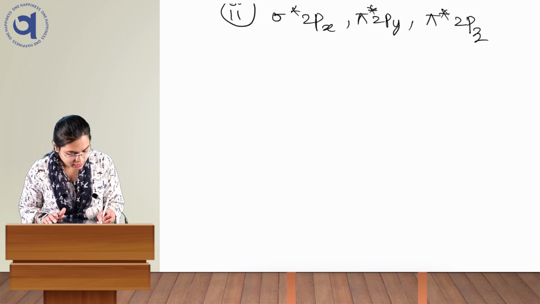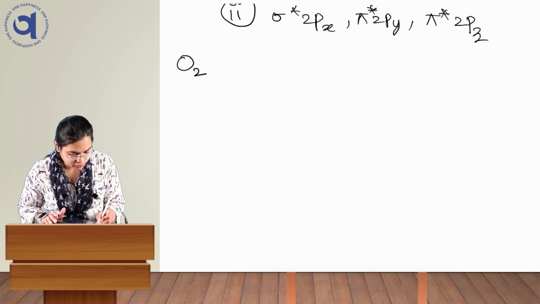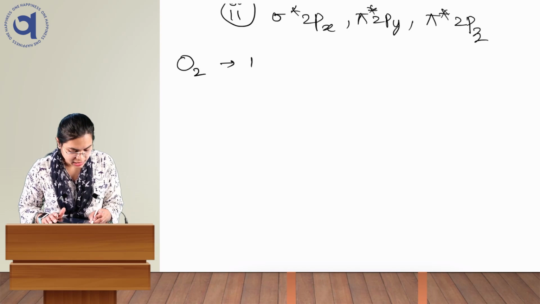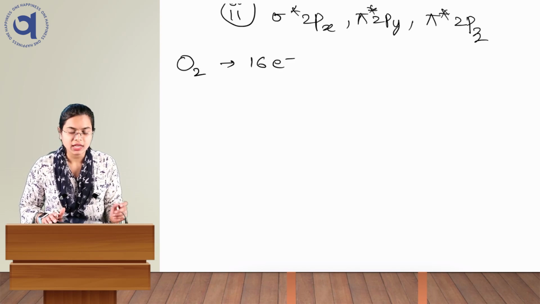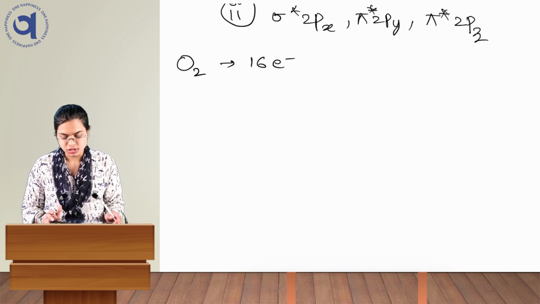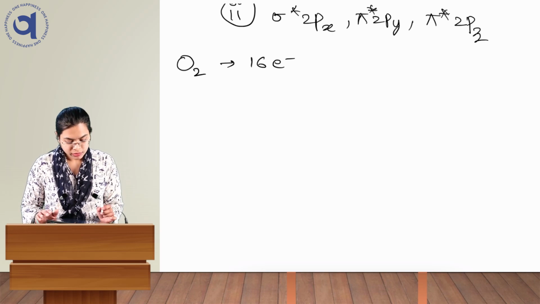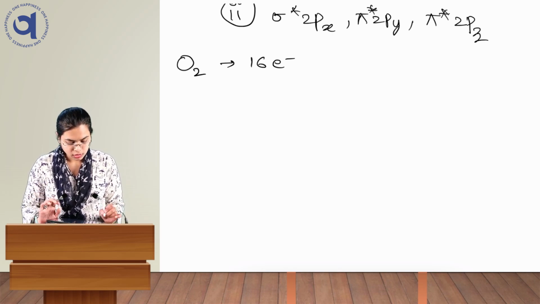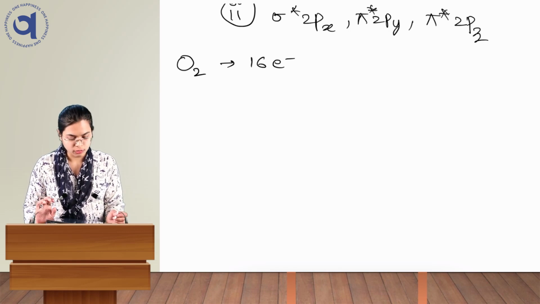Suppose we see the example of O2. O2 is a diatomic molecule and it has 16 electrons. 8 electrons are shared by one oxygen and another 8 electrons by the other oxygen. Let us see what the energy sequence of the O2 molecule is.